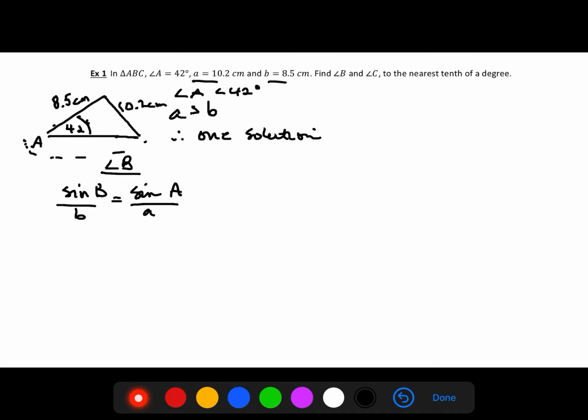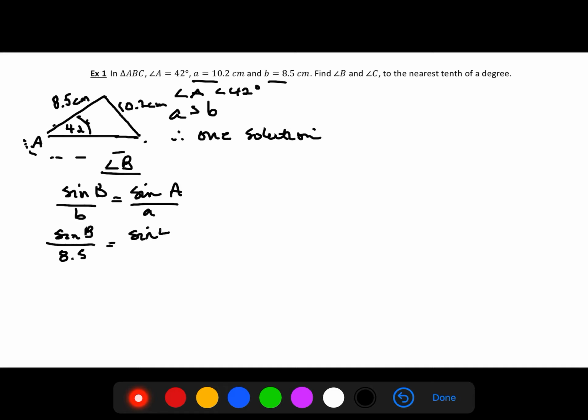So we're going to go ahead and solve for angle B using our sine law. We know that sine B over B equals sine A over A, and we're going to use A because we have both pieces, and B because that's what we need to figure out.